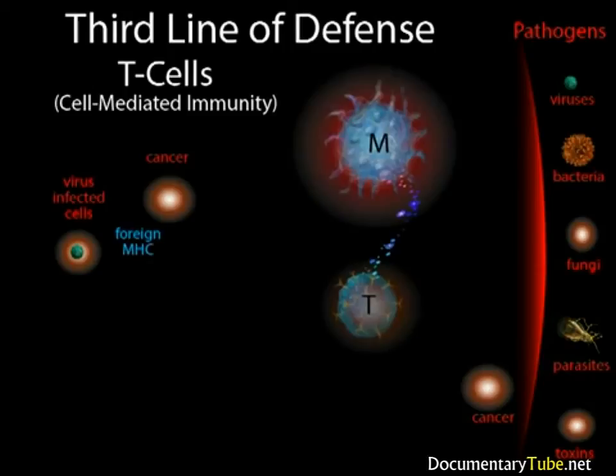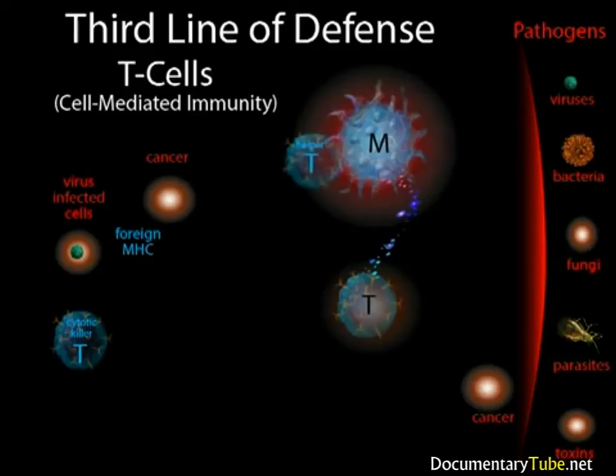They divide and specialize into different types. Cytotoxic T cells puncture any cell in the body that is infected with viruses or is cancerous. Helper T cells connect to the macrophages via a major histocompatibility complex and greatly increase the rate of cell division of all lymphocytes, helping the defense system cope with more pathogens.